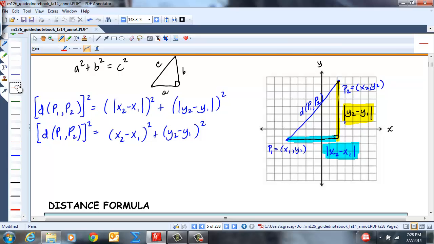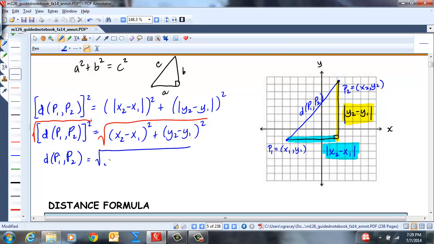Now, if we square root both sides and we only consider the positive root because length is positive, then we'll get the distance between P1 and P2 will be equal to the square root of x2 minus x1 quantity squared plus y2 minus y1 the quantity squared, and you're done.